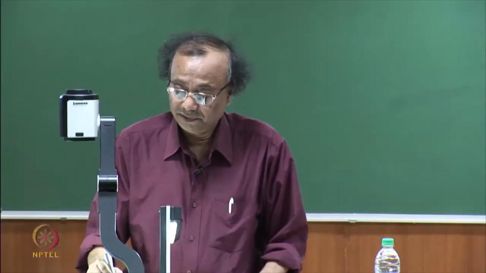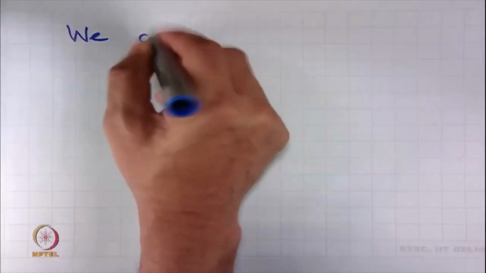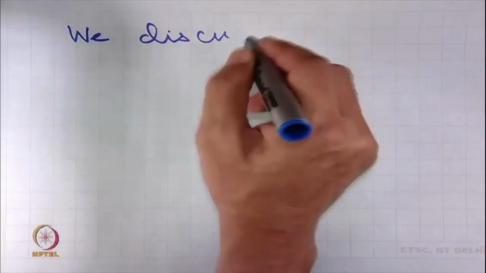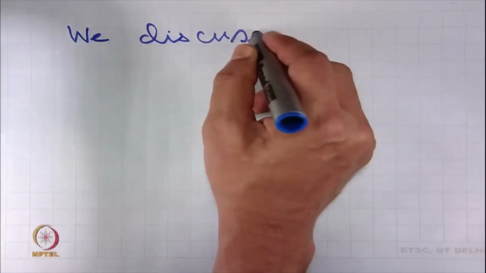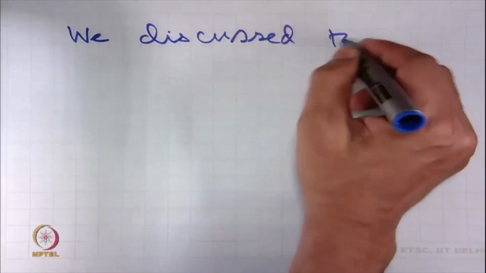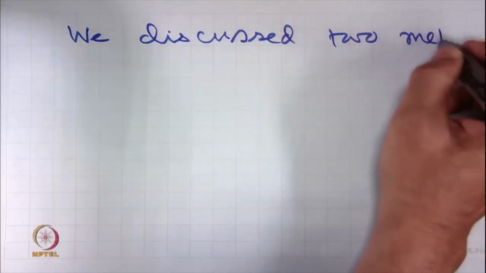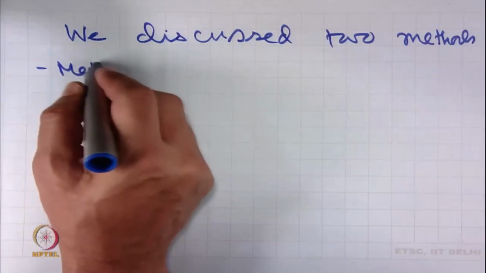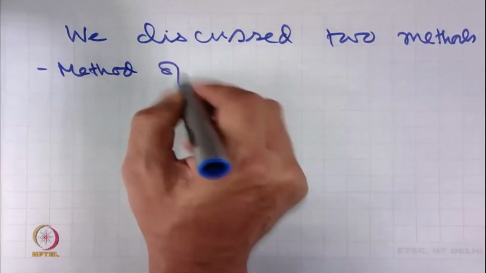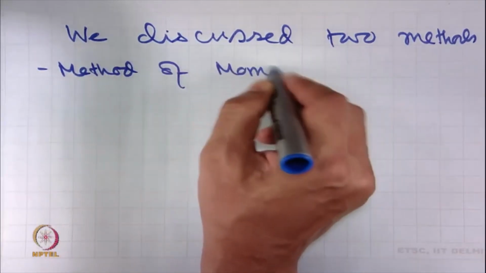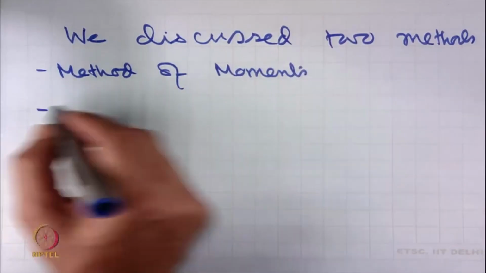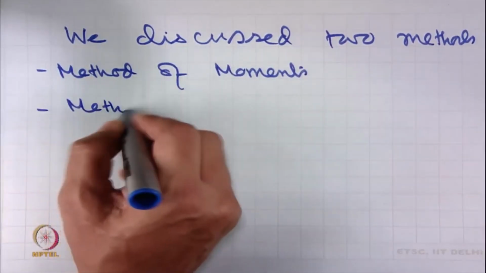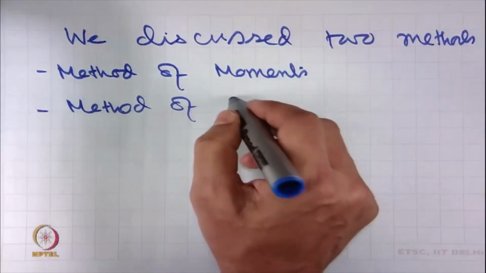In particular, we have discussed two methods: method of moments and method of maximum likelihood.